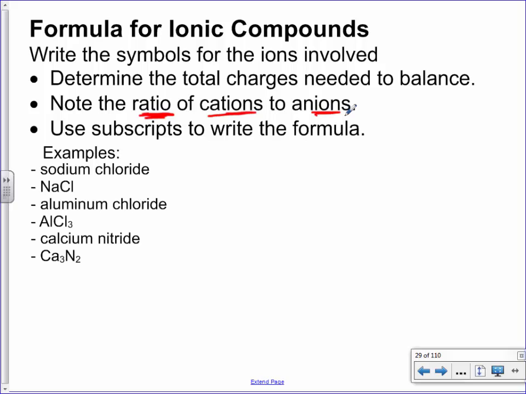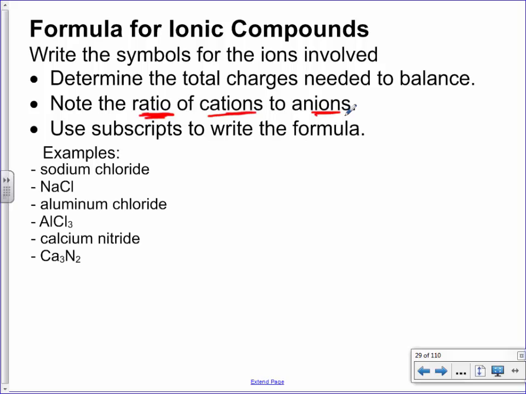But if you have aluminum chloride, aluminum being a +3, it has a different charge. So being a +3 charge, you're going to need 1, 2, 3 negatives to make it fit. Does that help visualize how charges work at all? So that's why the formula is AlCl with a small 3, because you need 3 chlorines to make it fit.